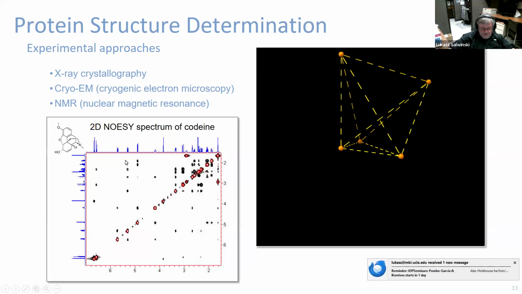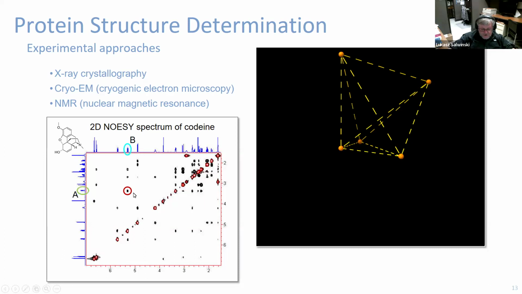And then we do see a conventional one-dimensional NMR spectrum along the diagonal, but then each cross peak connects one atom with some other atom, and the intensity of this peak tells us what's the distance between the atom that corresponds to this peak versus the atom that corresponds to this peak.